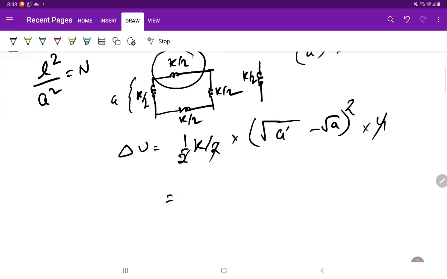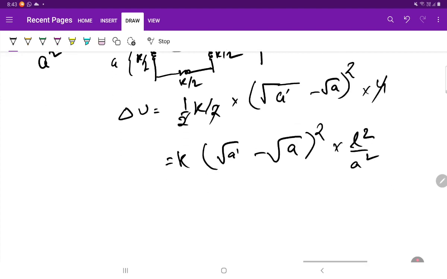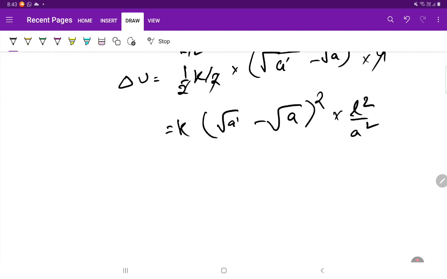Now you will get k into root a dash minus root a, whole square. So this is basically the change in potential energy of one square. Now the total change will be L square by a square into n, right?